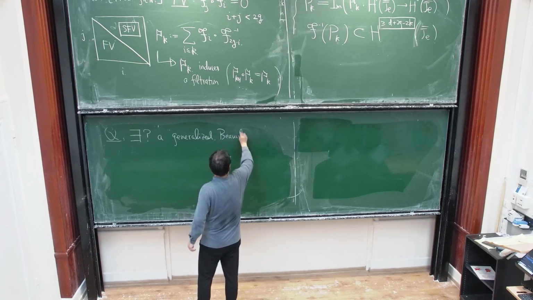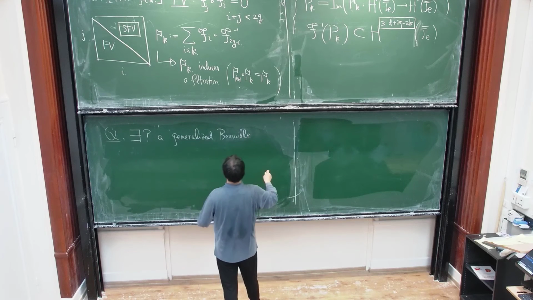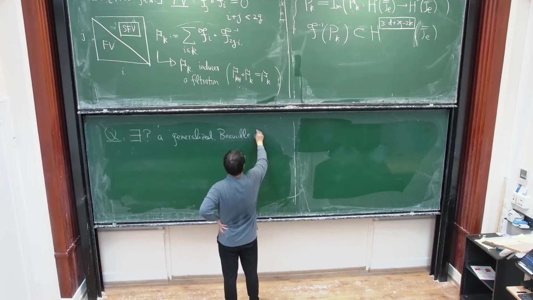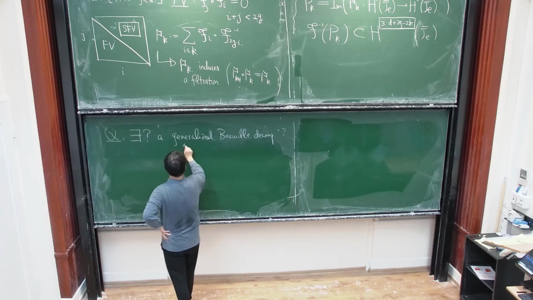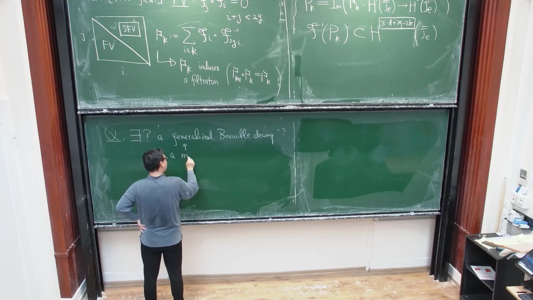And let me finish the talk with a little discussion on whether we can have, by this I mean, a multiplicative splitting, Fourier stable.